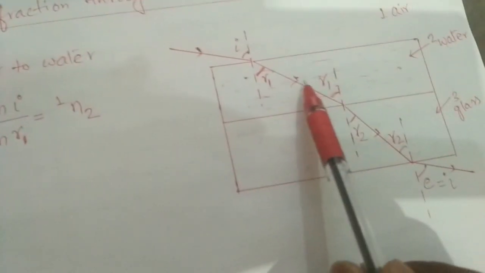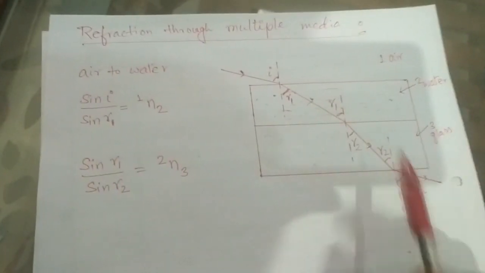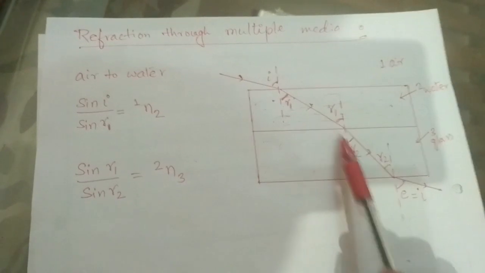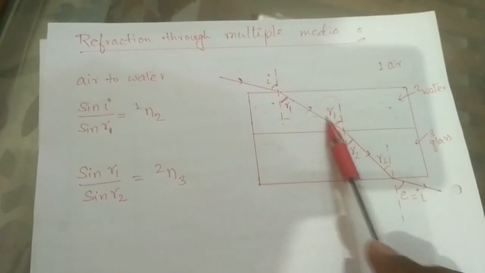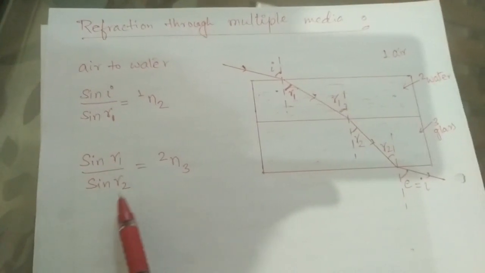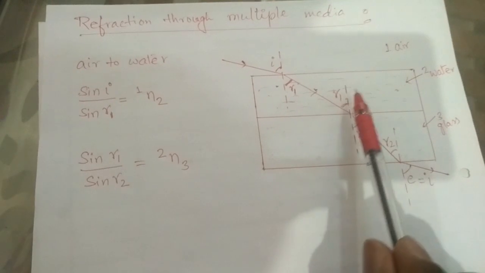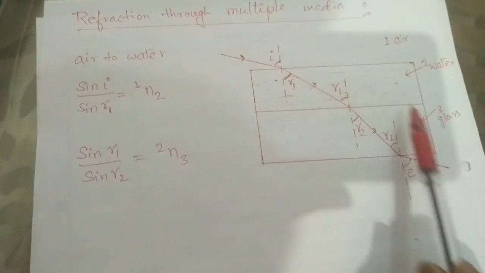Now the light is going from medium 2 to medium 3, means from water to glass. Let's write Snell's law again. See here, light is going from 2 to 3. The angle of incidence is R1, the angle of refraction is R2. So sine R1 by sine R2 is equal to 2μ3, because it is going from medium 2 to medium 3.